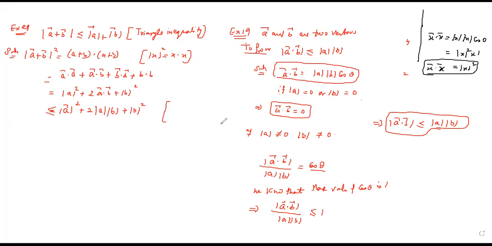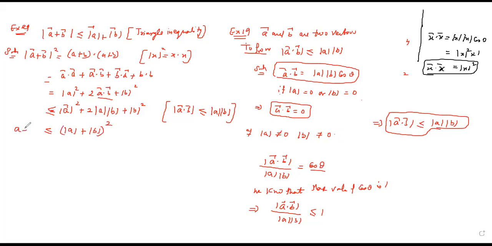Because from the last relation, mod of A dot B is less than or equal to mod of A times mod of B. We have proved in example 19. So I have replaced the value of A dot B by mod of A times mod of B, and I have kept less than or equal to. So this is equal to mod of A plus mod of B whole square.